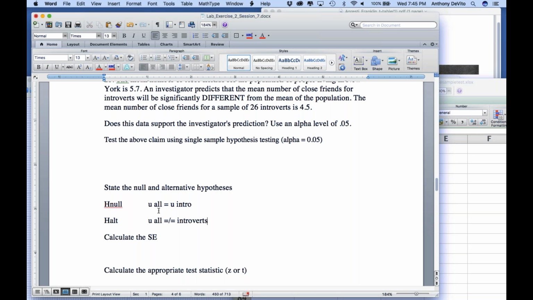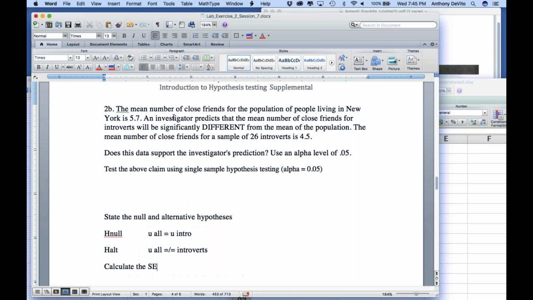Okay, so now in order to do this, I need to do a t-test. In order to do a t-test, I have to calculate a standard error, the number of standard deviations apart that these two means are. The average New Yorker, the whole population, has a mean of 5.7.